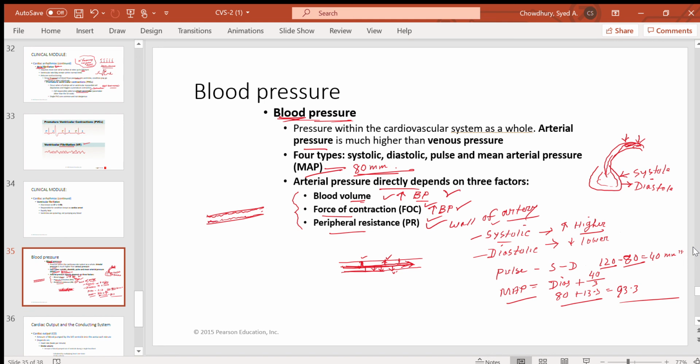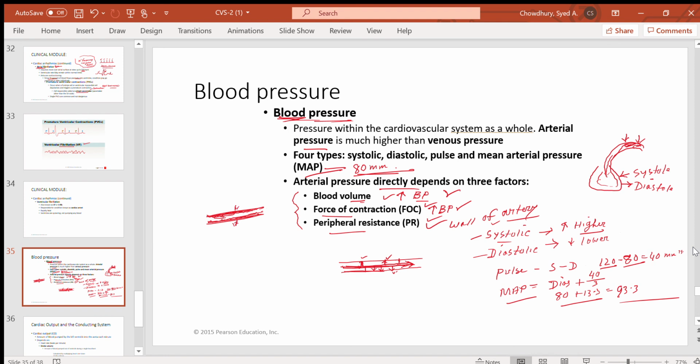Also, as we get older, the elasticity of the arterial wall is lost, and the wall will get stiff and hard, and that will also narrow the lumen of the artery because the elasticity is gone, so it will not be able to dilate.